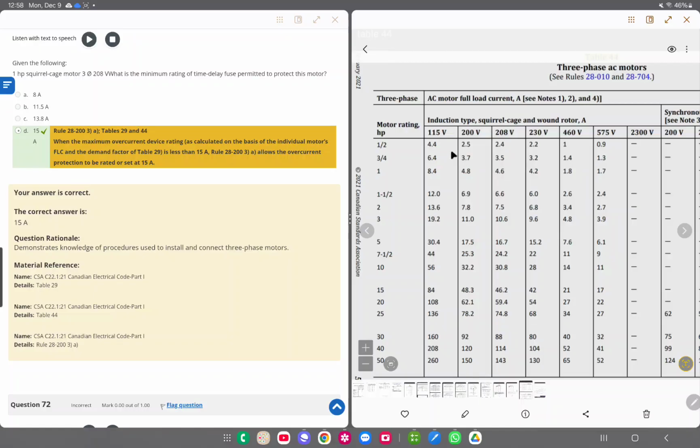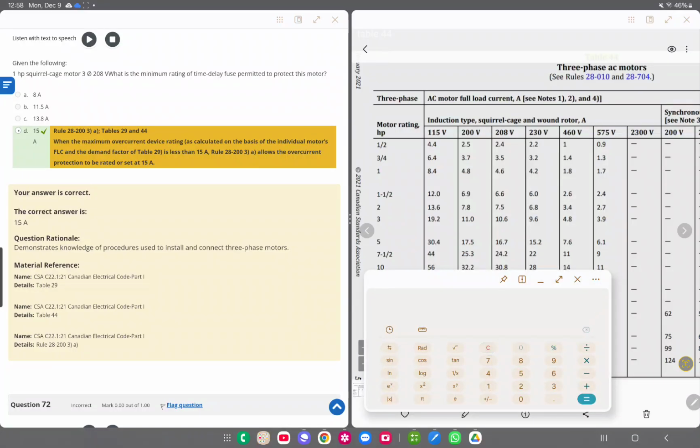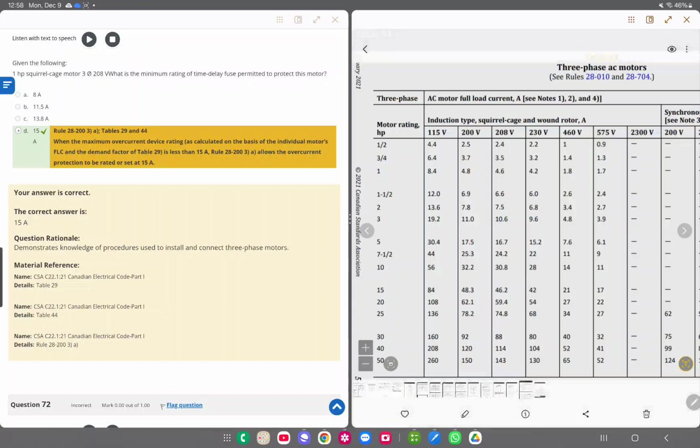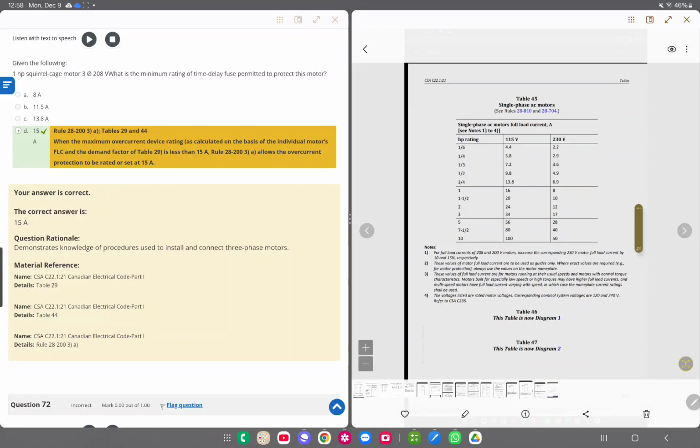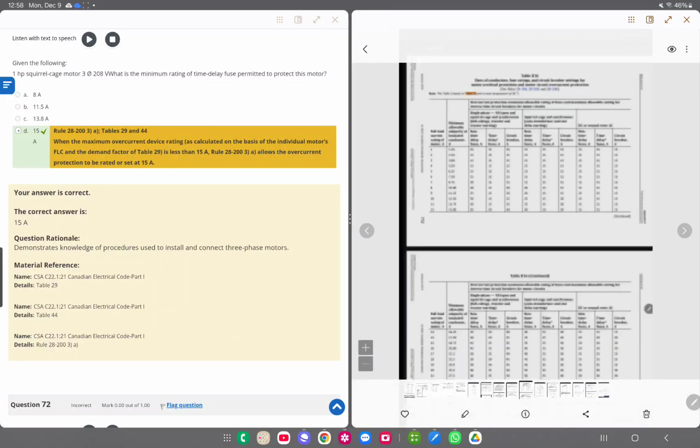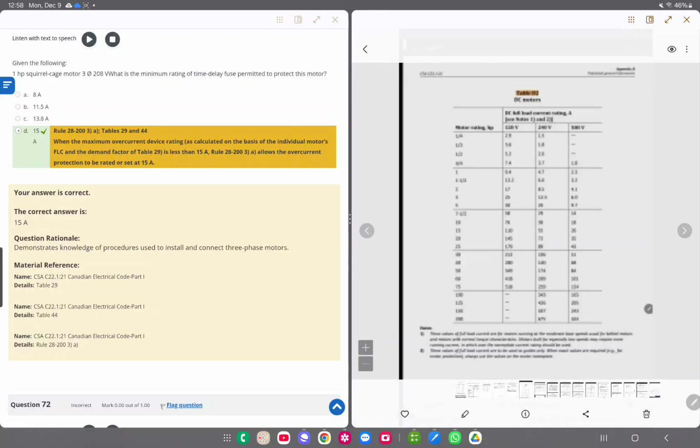We need to multiply this by the multiplier for a time delay fuse. So we'll write down our 4.6 amps here, and we'll look for the time delay fuse, which would be on, was it Table 29 or 37?